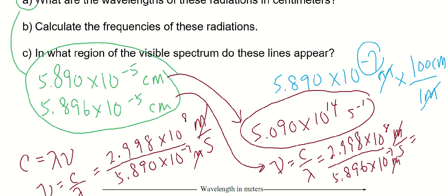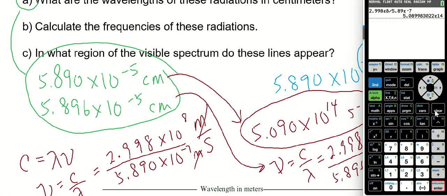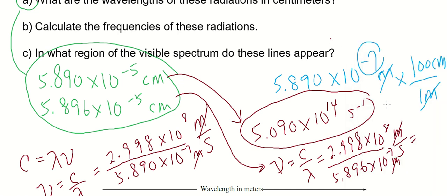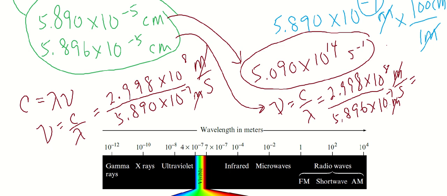2.998 times 10 to the 8 divided by 5.896 times 10 to the negative 7. Four significant figures: 5, 0, 8, and the 4 is going to round up to a 5. So 5.085.